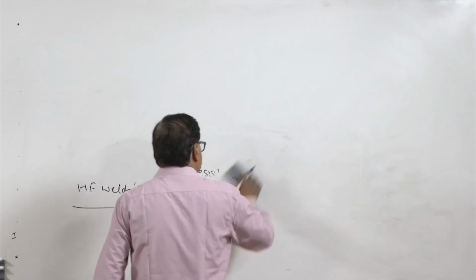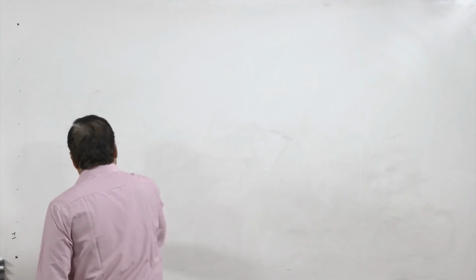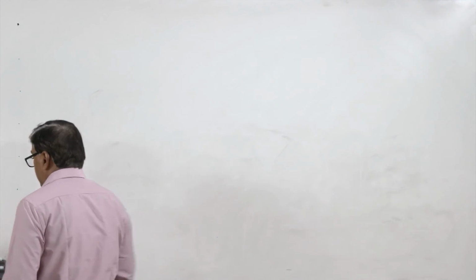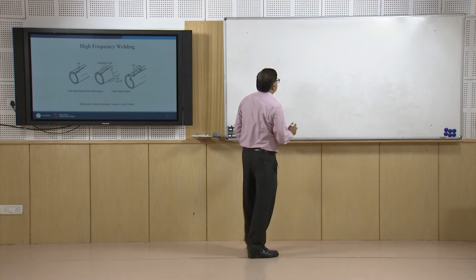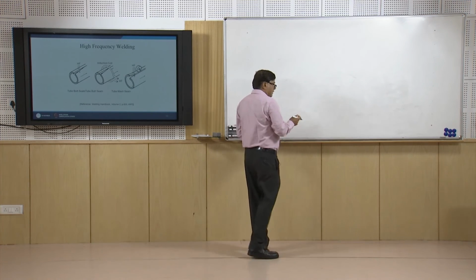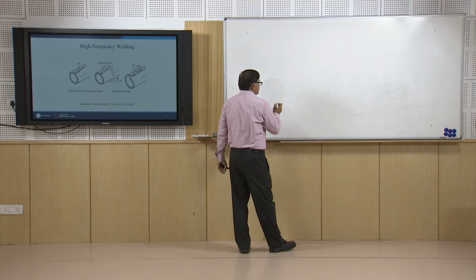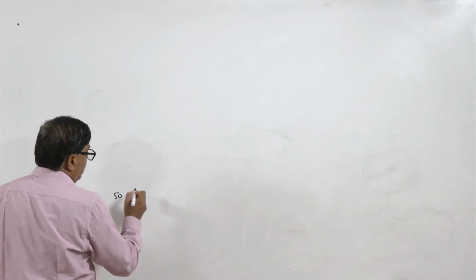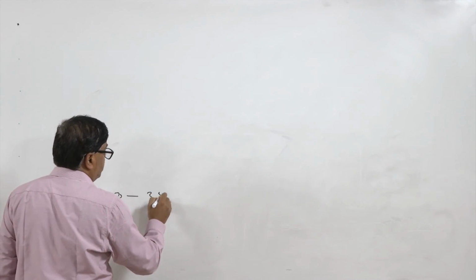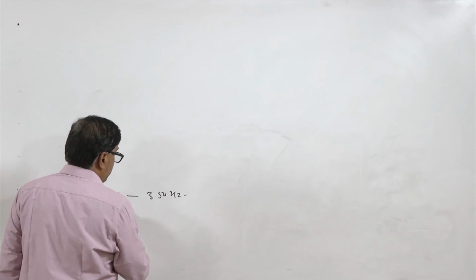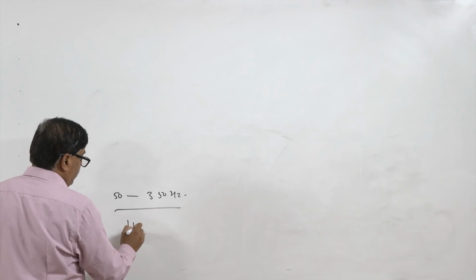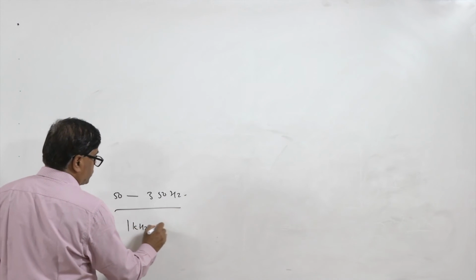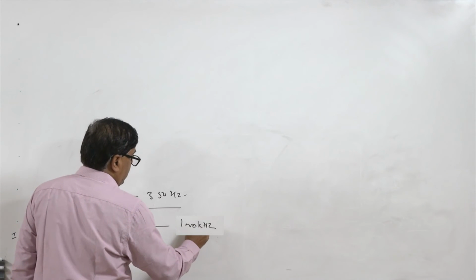This is what is exploited in the high frequency welding process. Normal spot welding and seam welding processes use current of frequency 50 to 350 hertz, but in this case it varies from 1 kilohertz to 1000 kilohertz.